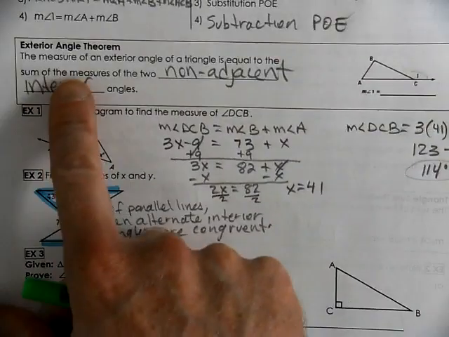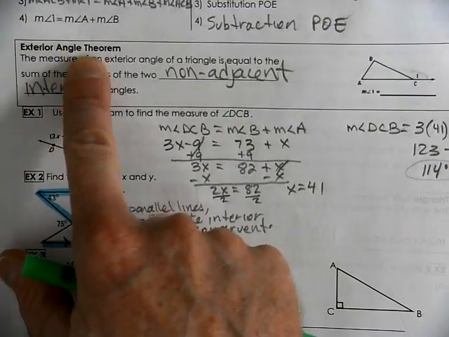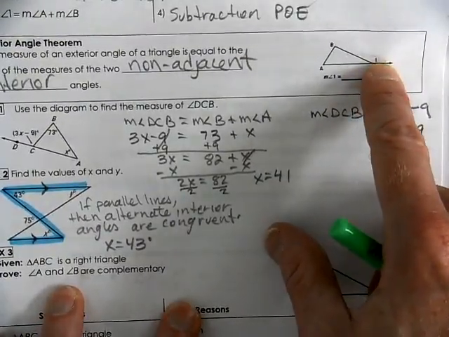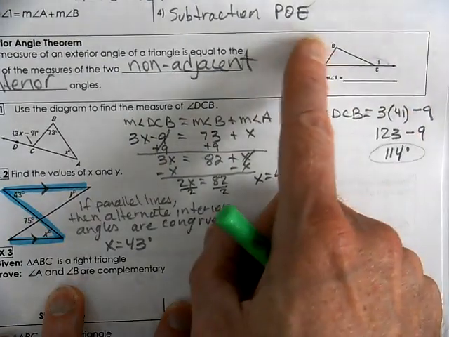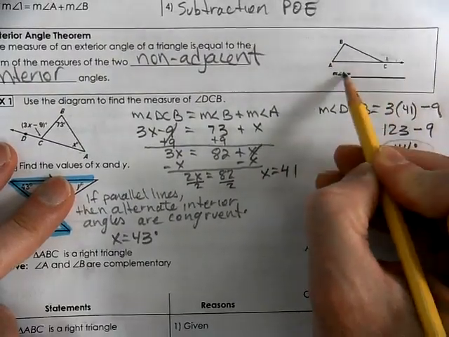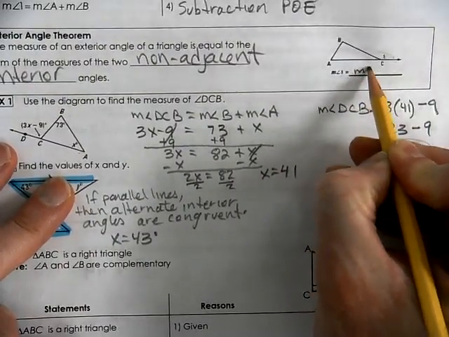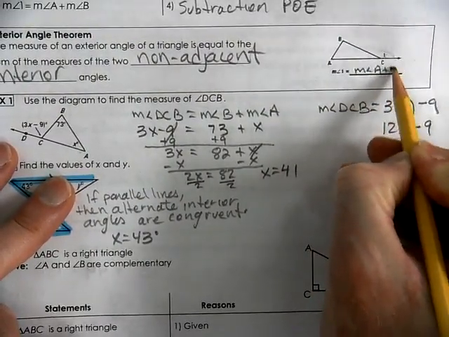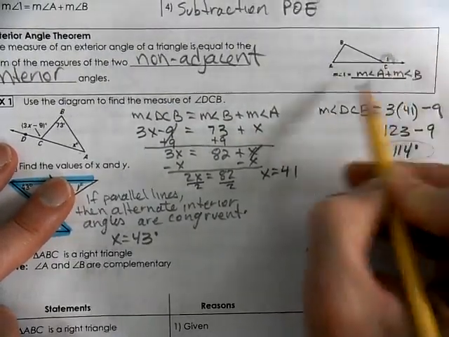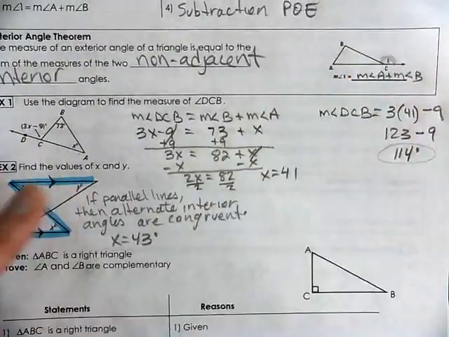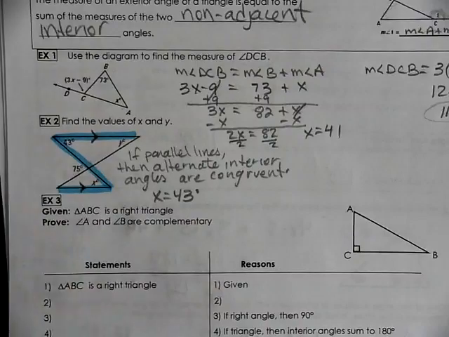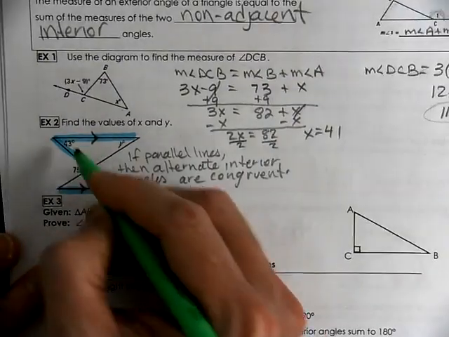So if we think about what we've learned before, it's called the exterior angle theorem. The exterior angle is going to be equal to those 2 angles. Angle 1 is going to equal the measurement of angle A plus the measurement of angle B. That angle here equals those 2 way out there. So down here, we're going to see a triangle.